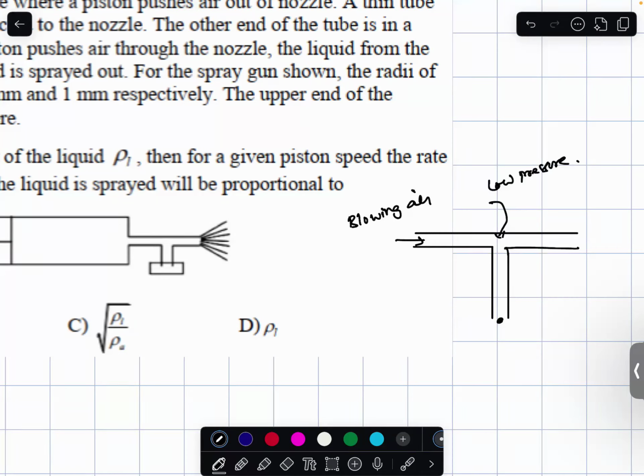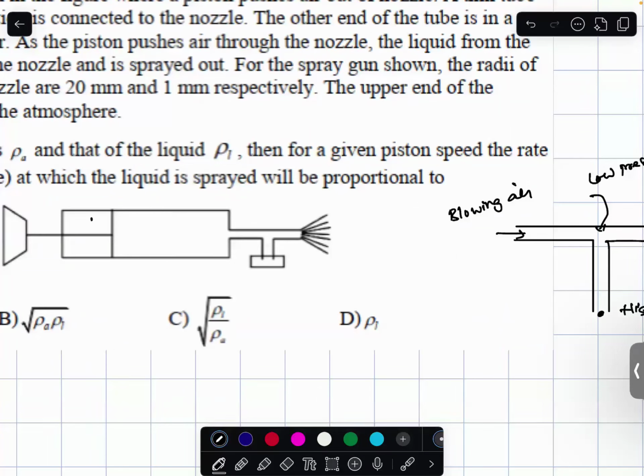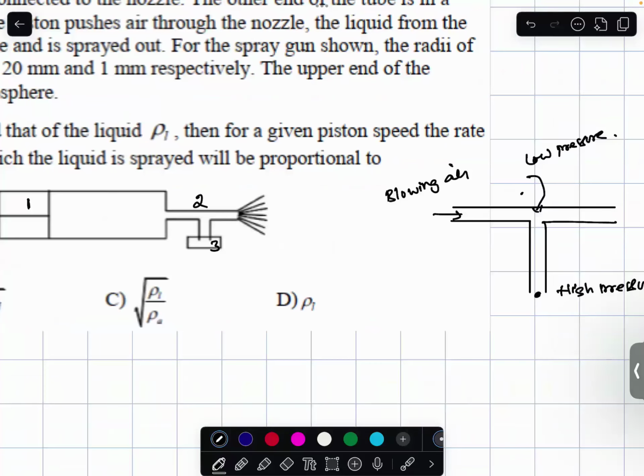When compared to the point here, this will become high pressure. Of course, that is atmospheric pressure, undoubtedly. So now try to see three regions here. Region 1, region 2, and region 3, which is your liquid.